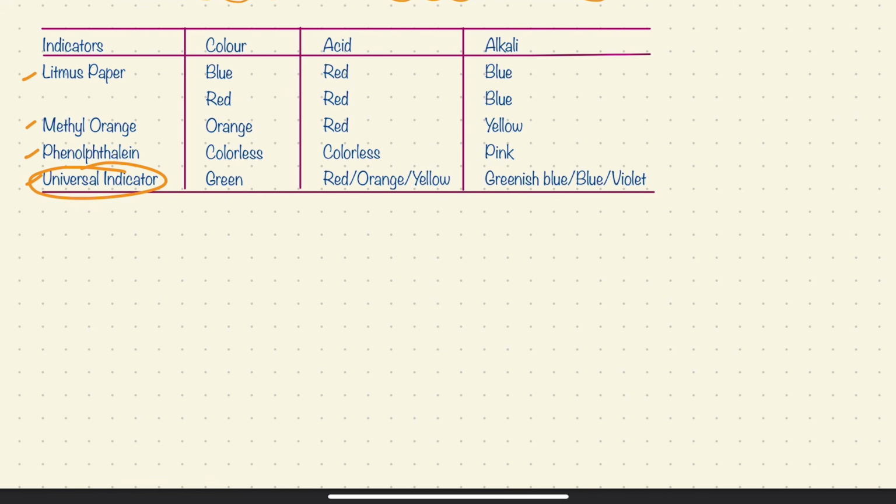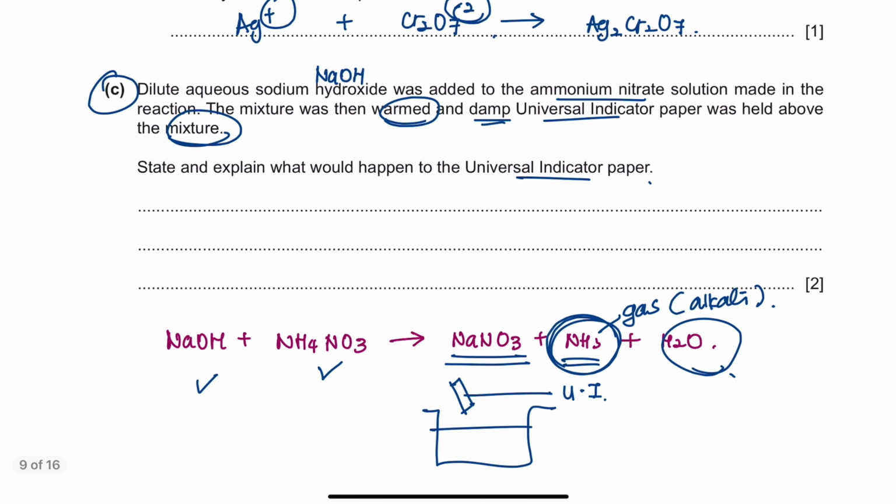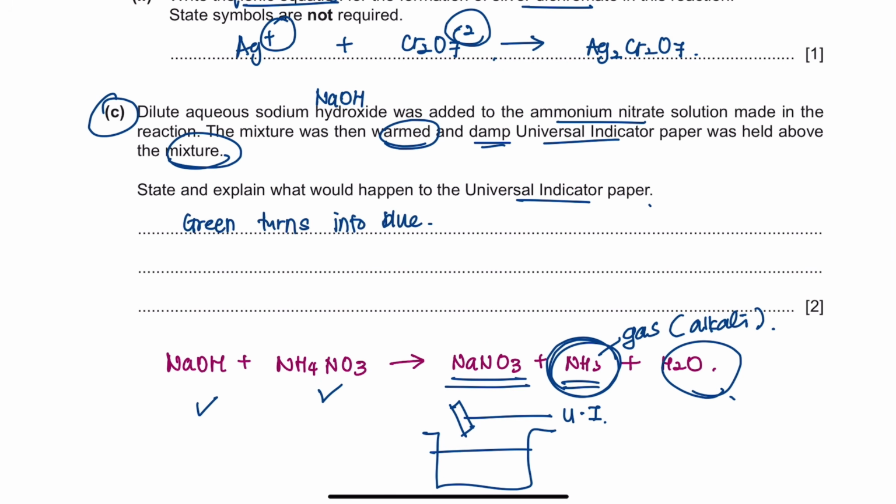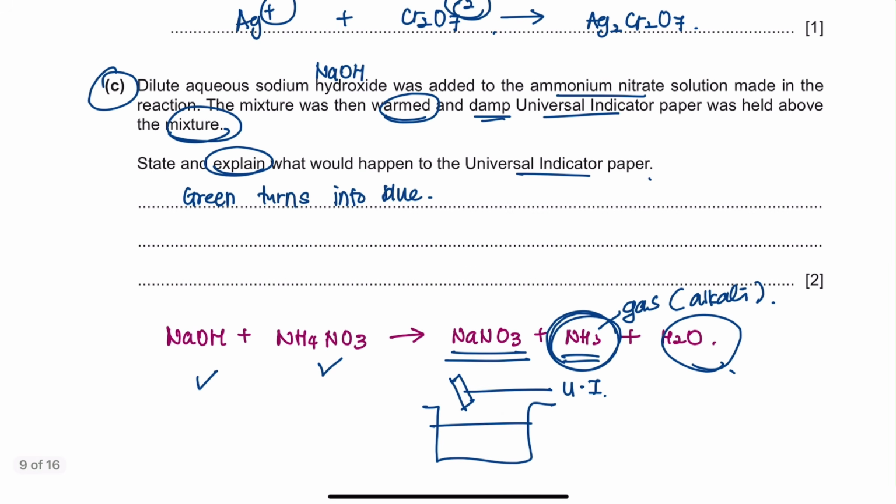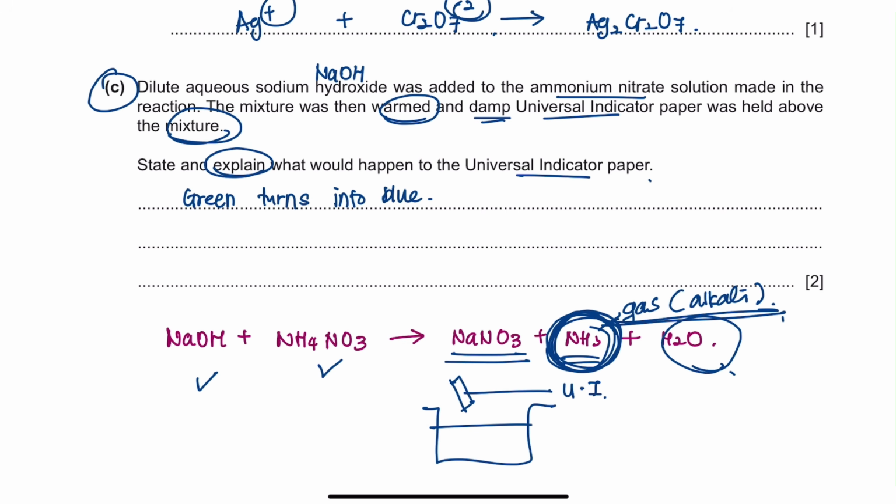As for universal indicator, initially it is green in color, and since ammonia is an alkali, your universal indicator would turn greenish blue, blue or violet. You can choose any of these colors and your answer will be right. Over here, I am just going to say that your green universal indicator turns blue. Since they're asking you to explain why this happened, it is because ammonia gas has an alkaline property. So you can say ammonia is being produced.